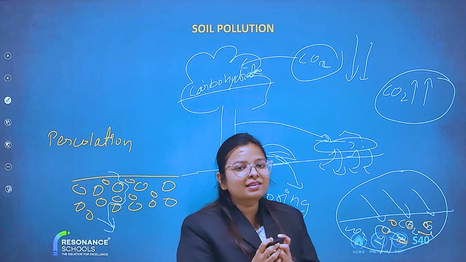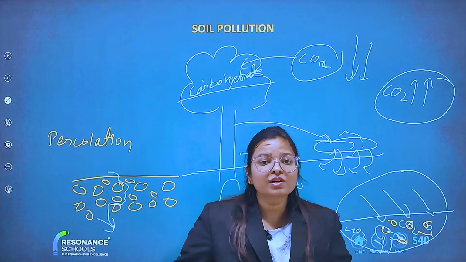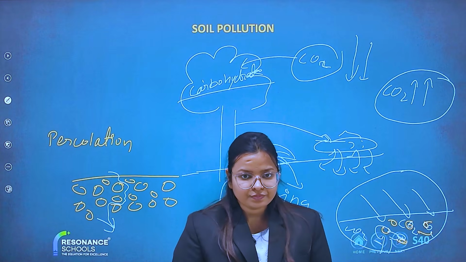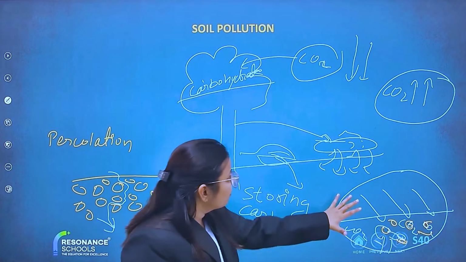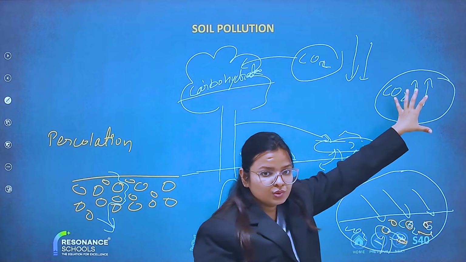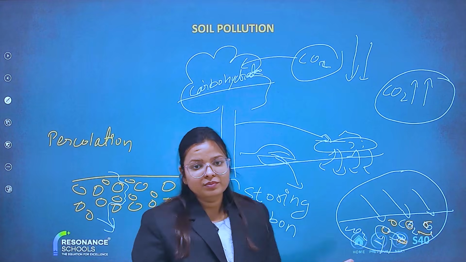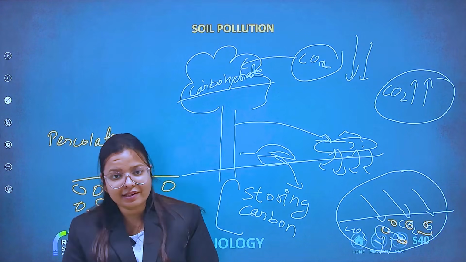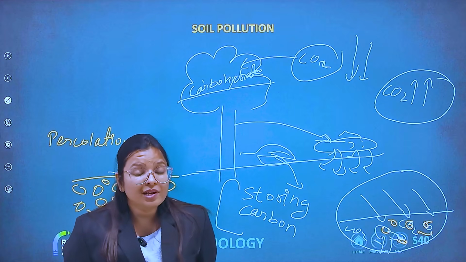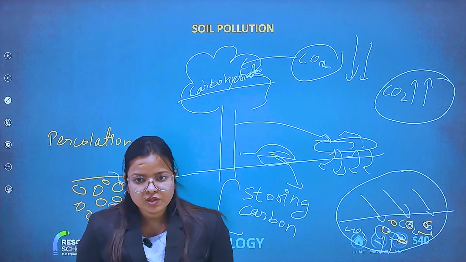This CO2 will trap heat in our environment, and this will cause global warming. Because plants help in decreasing CO2, and this carbon is stored in soil, directly or indirectly soil is helping to mitigate climate change. Got it now?